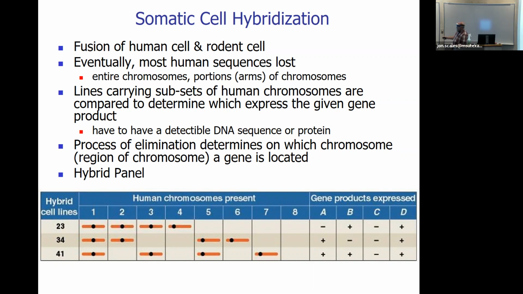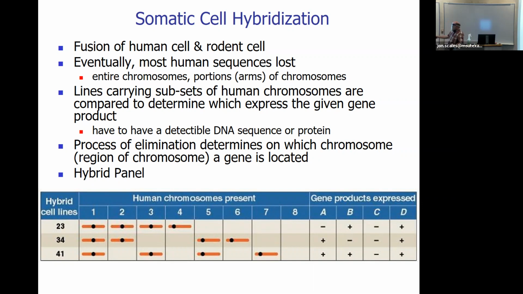Well, it's not present on any of those 4 chromosomes because detecting gene A gave us a negative signal, and those were the 4 chromosomes that were present in this cell. So we know it's not on chromosomes 1, 2, 3, or 4. So that's a process of elimination. You just eliminated 4 chromosomes. You know it's not on one of those 4, right? So the game is kind of figuring out where it isn't as well as where it is.